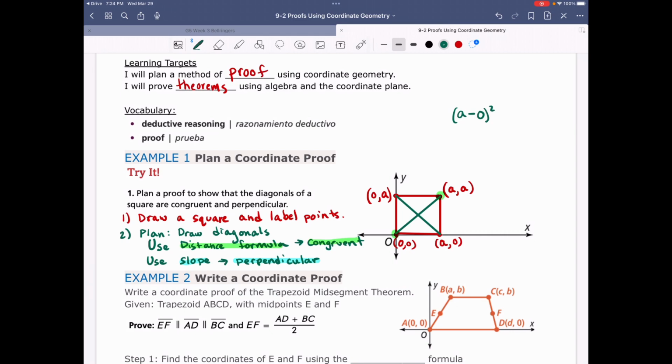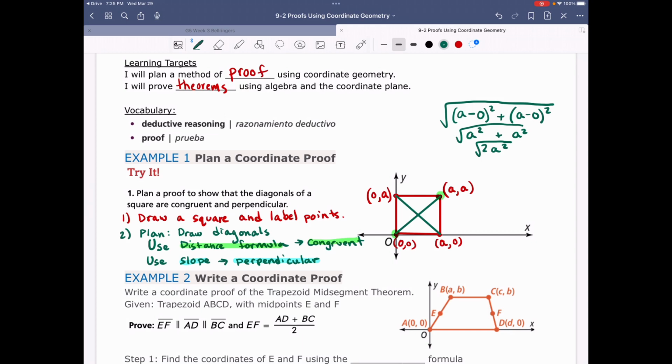We're going to add, and then we'll subtract the y values. So a minus 0, again, squared, and then we take the square root. So a minus 0 is just a. So a squared plus another a squared. That simplifies to the square root of 2a squared.